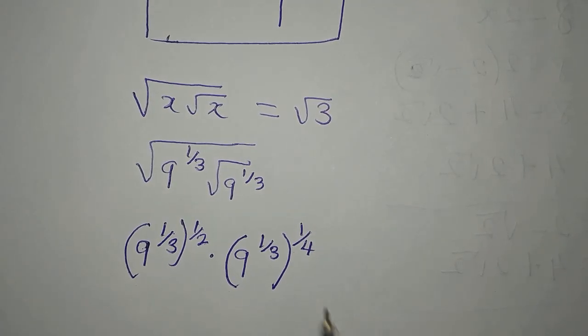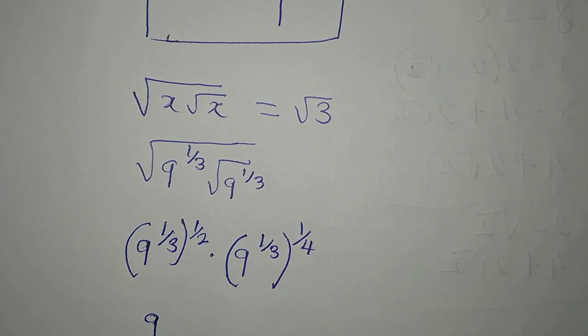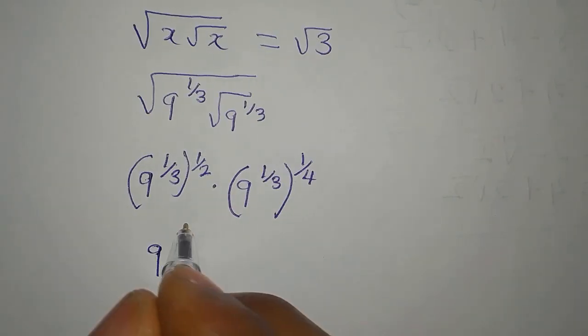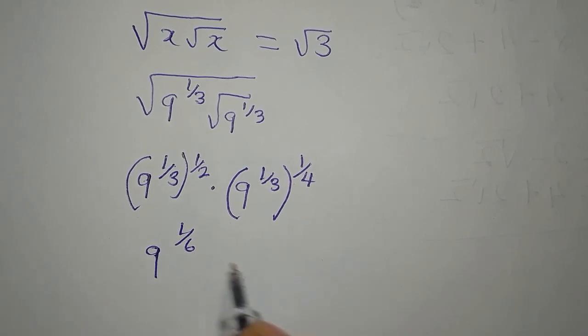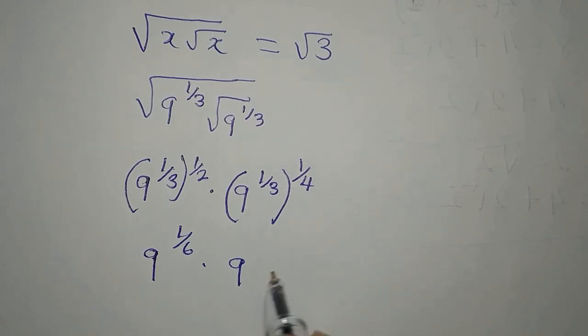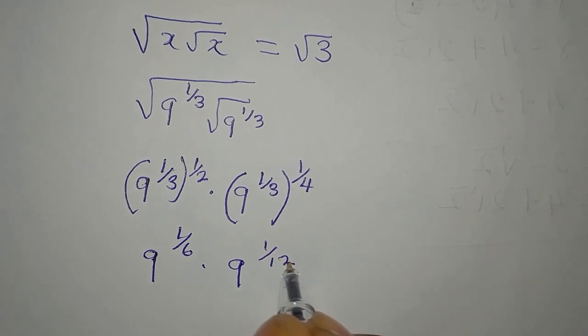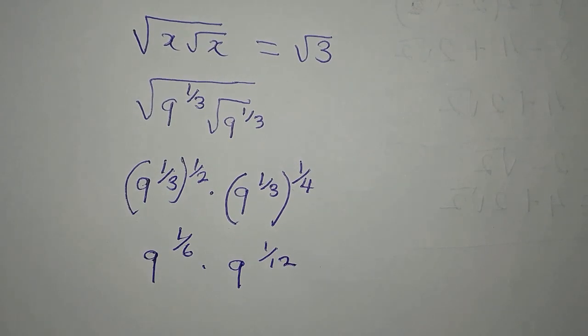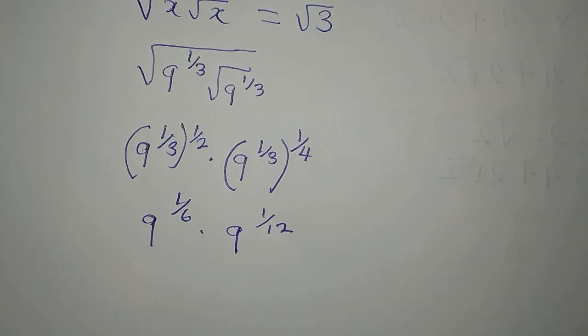Now what do we do? We can always multiply the powers. So we are going to have 9 to the power of 1 over 6 multiplied by 9 to the power of 1 over 12. See that?